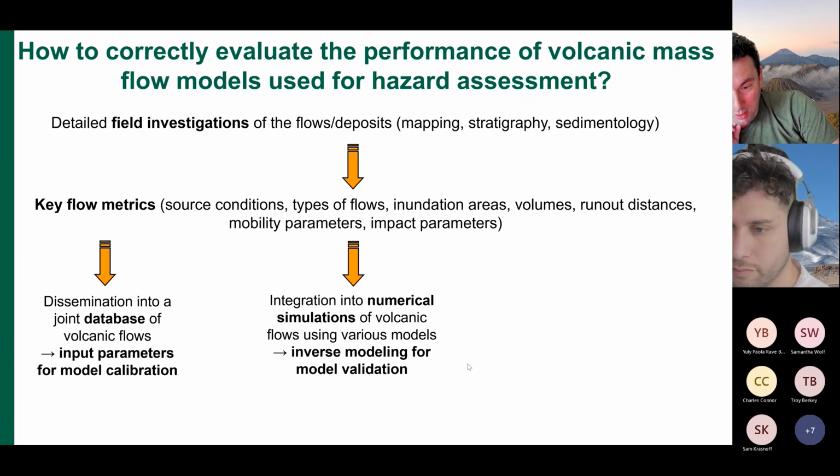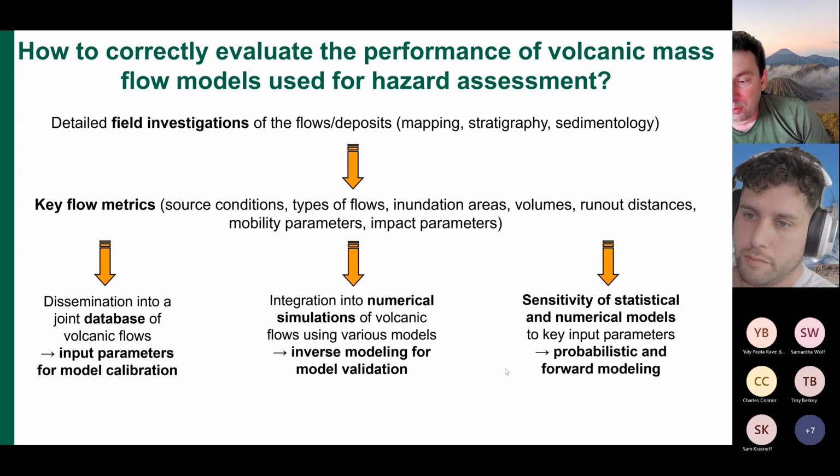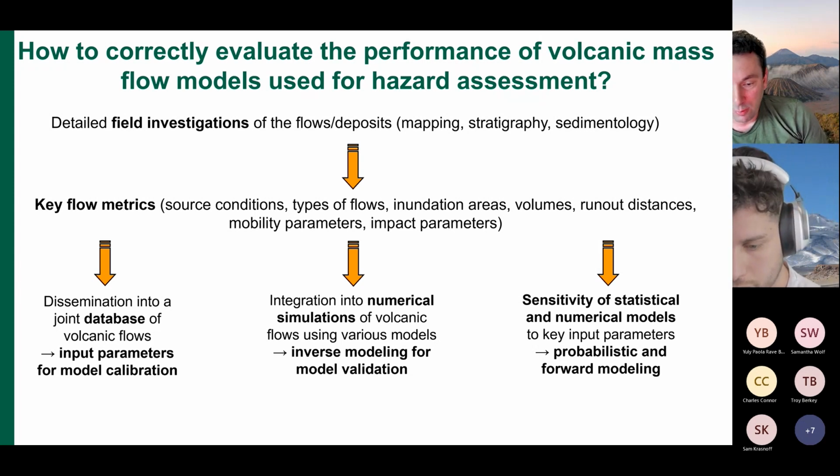And then once you've done that, you can move into the sensitivity of some numerical or statistical model to some of these key input parameters, and then you can use probabilistic and forward modeling.